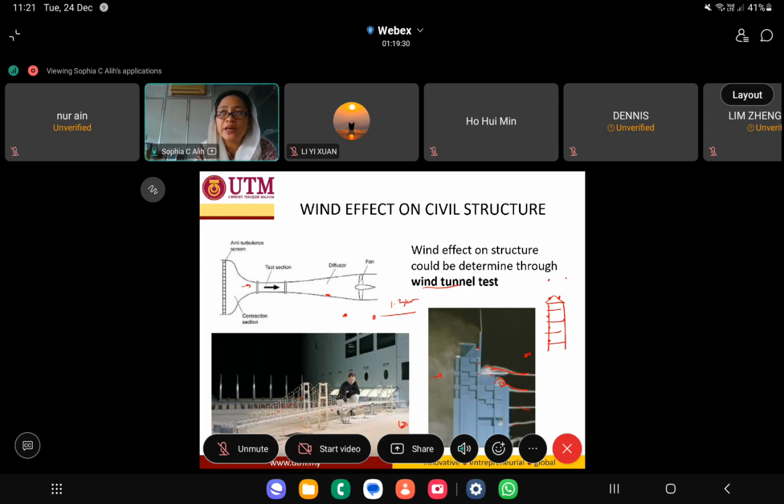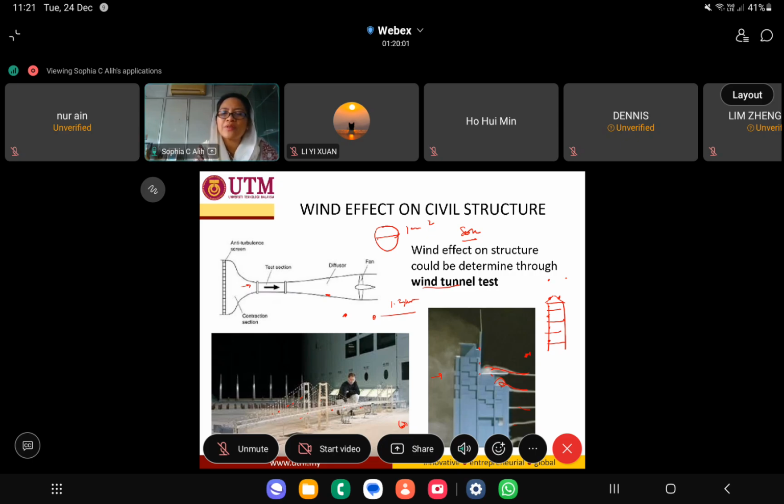The area that we have in UTM for your model is only 1 meter square. So you can see that for 1 meter square, the sample is very small. However, for this project, they charged us 80,000 ringgit for conducting the test and giving the results. So you can see that 80,000 is not small money.